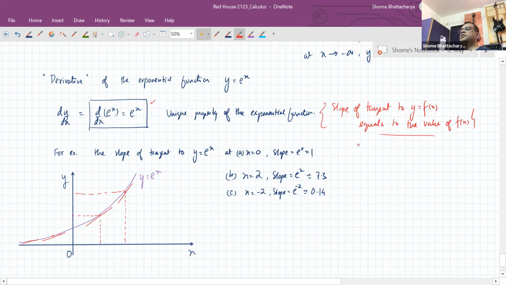This is the property that this function has. And that's why it's extremely important in physics. When we see applications of calculus in various branches of physics, right from kinematics onwards, but going up to branches like electricity, magnetism, etc., we'll see the exponential function keeps showing itself in many places, because certain physical properties will behave in the same manner.